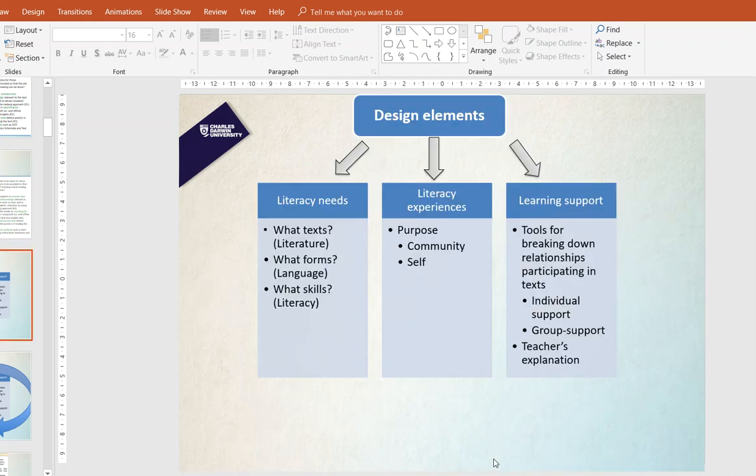So this is a brief way to actually go about this task. So this is literacy needs, or we could call it activity needs. So in terms of literacy, what kind of literacy skills, what kind of texts will you need to use in order for students to actually, so let's talk about invitation as an example.